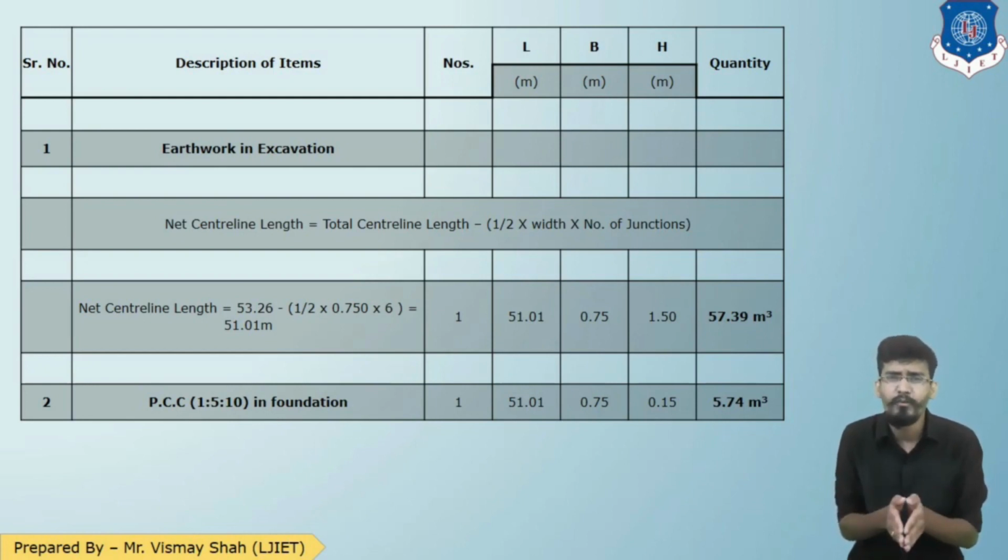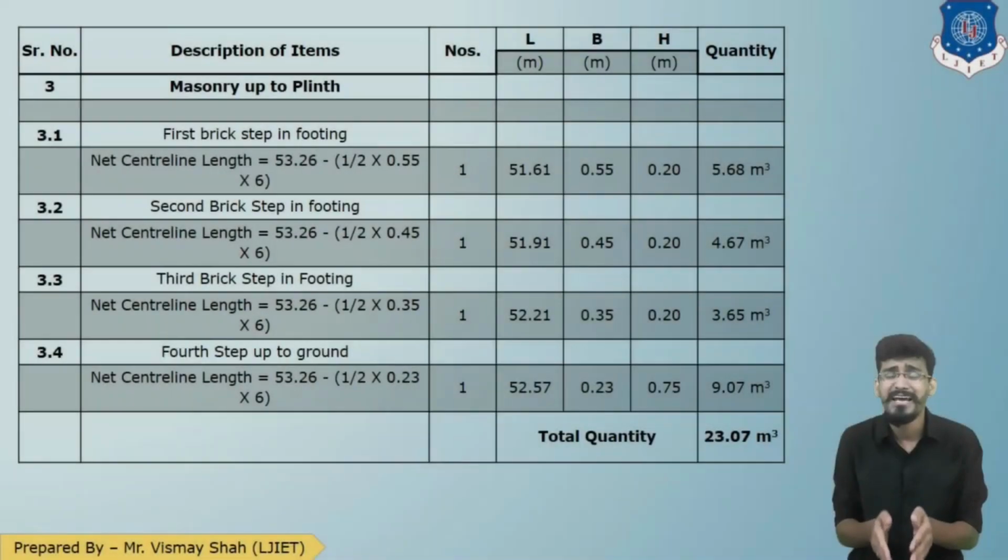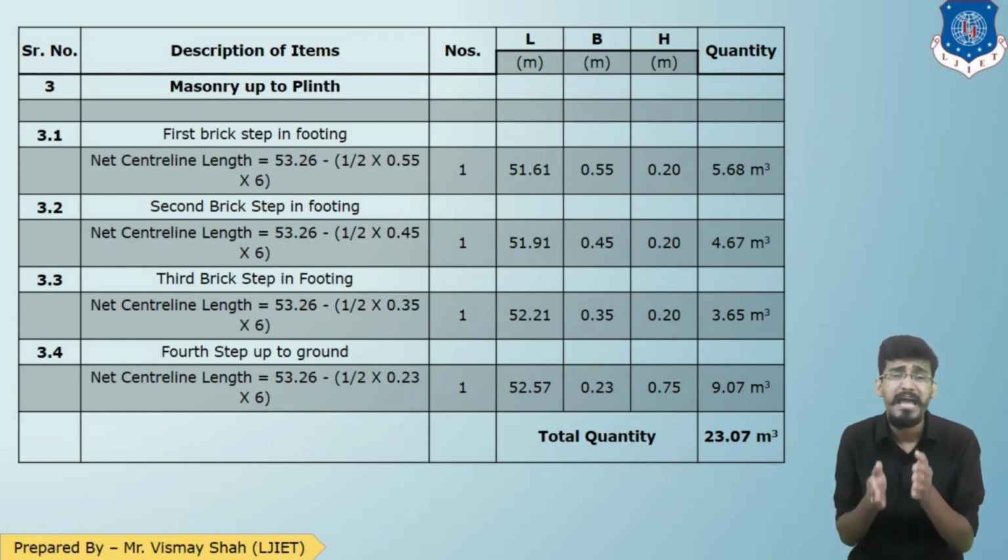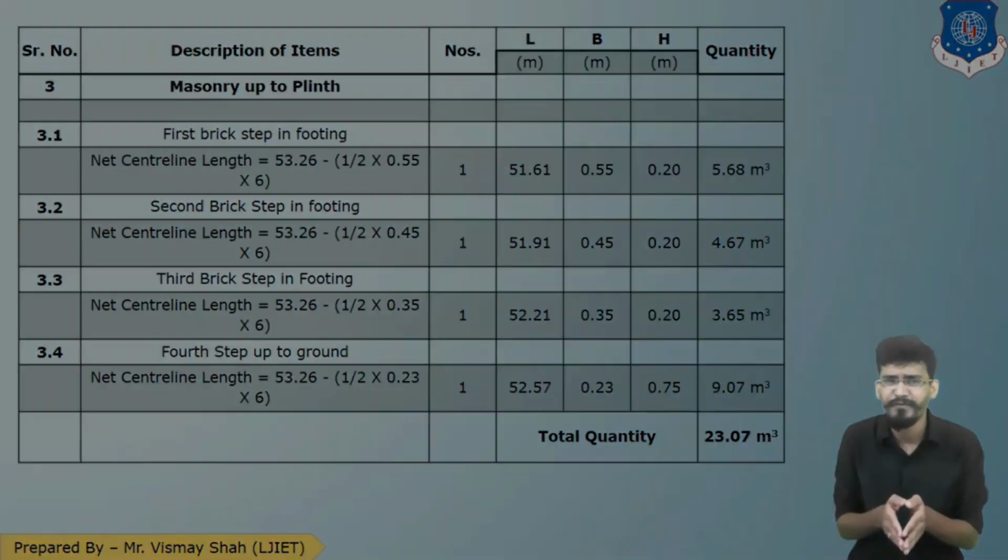Now moving forward with our third quantity, and that is masonry up to plinth level. Before we start talking about the quantity, let us look at the section first.